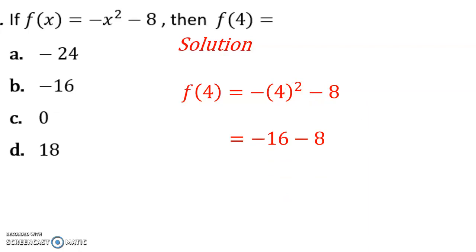That's negative 16, because 4 times 4 is 16, times the negative, which ends up with negative 16. If the negative was inside the bracket, then it would have been positive 16. So that's negative 16 minus 8, which gives us negative 24. So that means our answer is A.